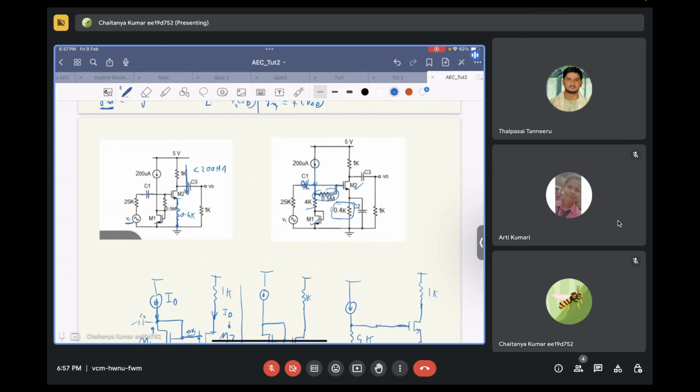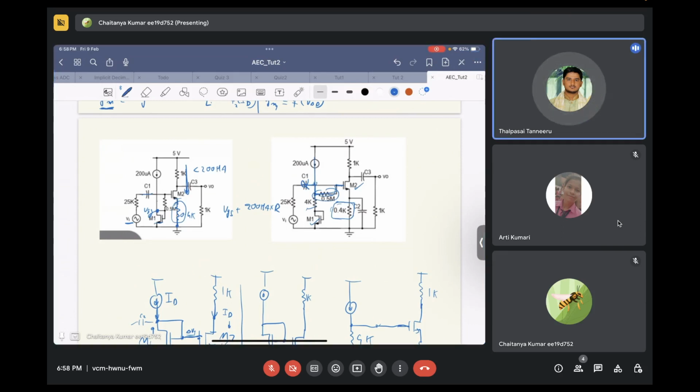So instead of tapping over here, where the voltage is VGS, you tap at a higher point where the voltage will be VGS plus some current, 200 microampere times some resistance, so that you can regain the drop you have incurred in the leg of transistor M2.